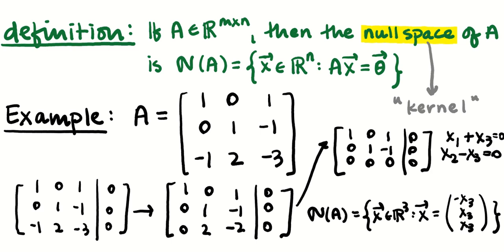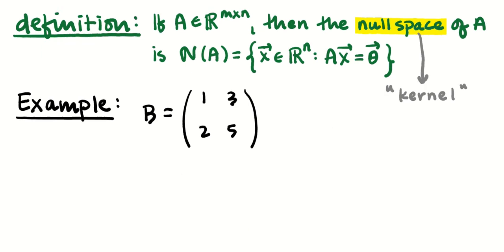So it's the set of all vectors like that. You could also say it's all the scalar multiples of the vector negative 1, 1, 1, by factoring out that x3 if you like.